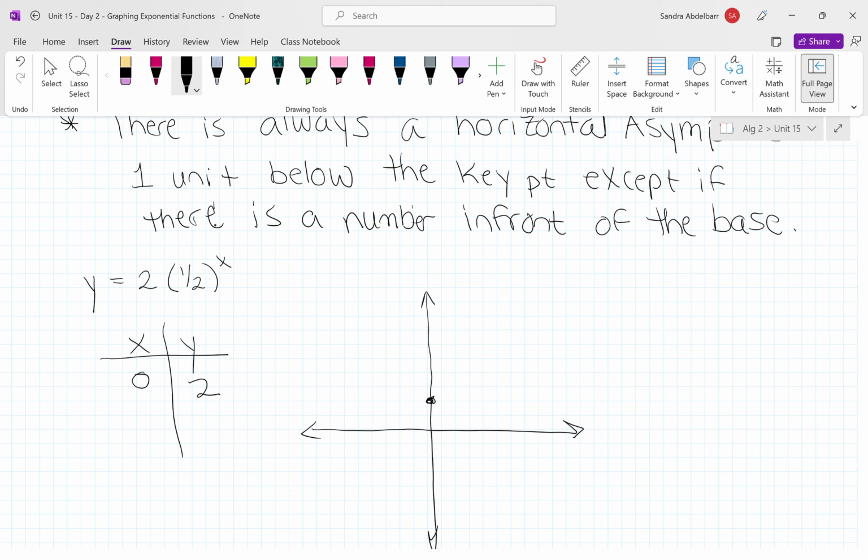So is there still an asymptote at y equals 0? Yeah. And now, is this function increasing or decreasing? It's decreasing because our base is a fraction, right? So this looks something like that if we're just doing a quick sketch. So the key point is wherever x equals 0? Yes.